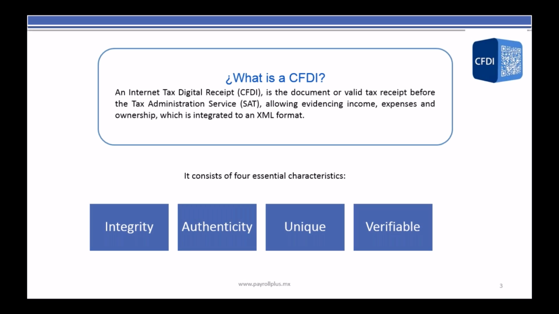Also, it has the important characteristic of being unique. Each CFDI is granted a tax ID number, which is a 36-digit number that makes each and every one unique. And also, it is verifiable.